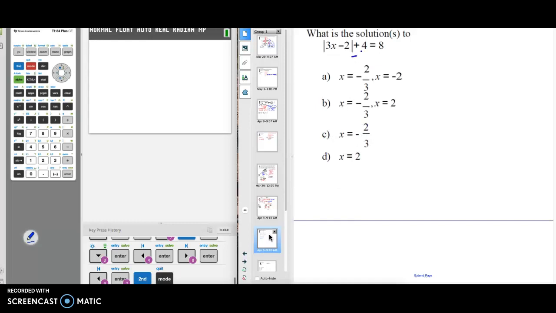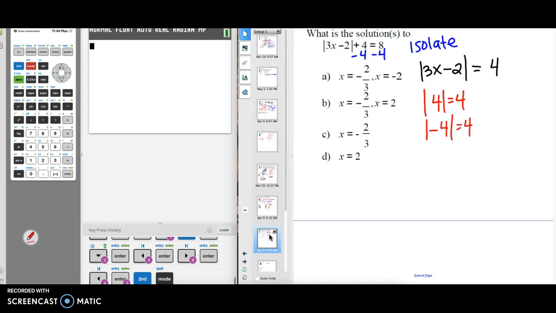If I start solving this, I want to first isolate the absolute value. And so you get 3x minus 2 on one side equals 4. Now inside of there, it could be 4, or it could be negative 4. Both of those solutions would work.